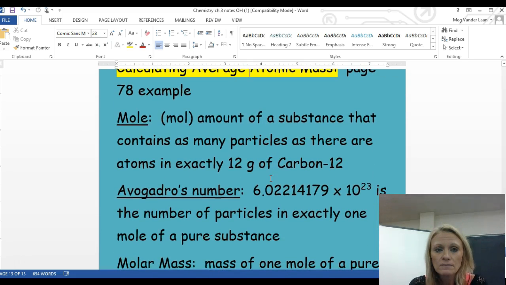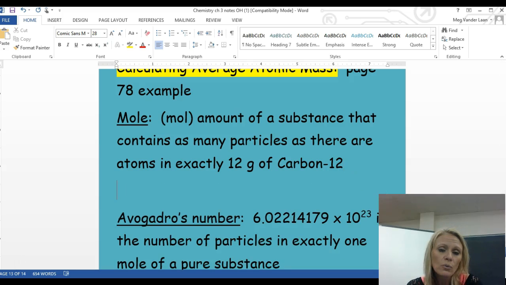So the mole is a new term, I'm sure, for you. The mole is an amount of a substance that contains as many particles as there are atoms in exactly 12 grams of carbon-12. So when we take 1/12 of carbon-12, we get 1 atomic mass unit.